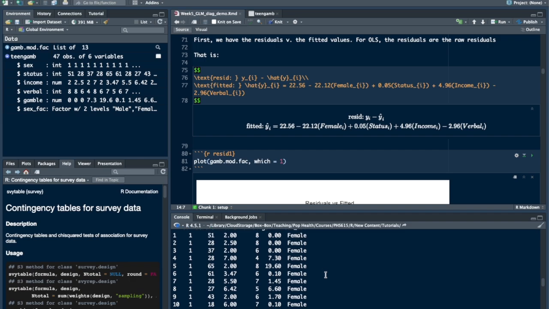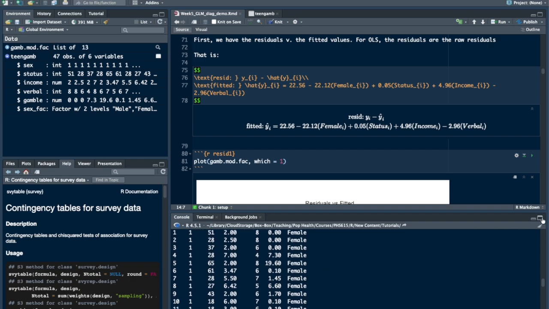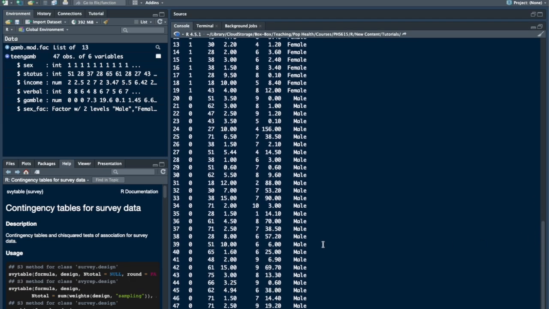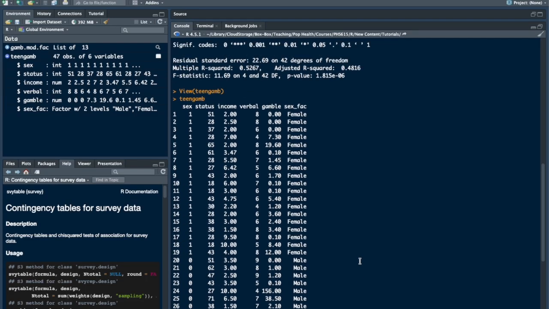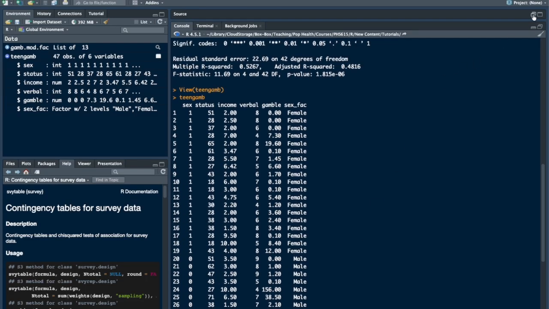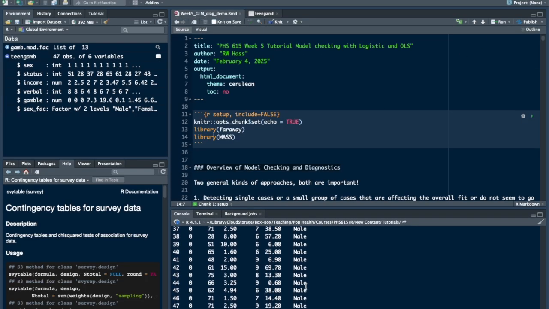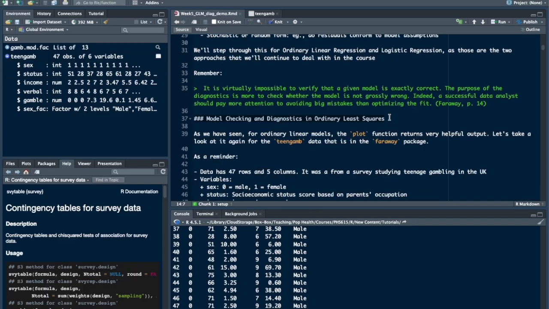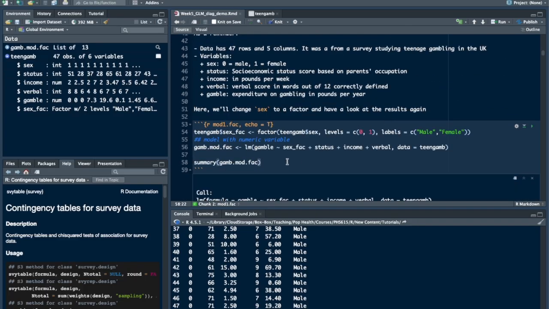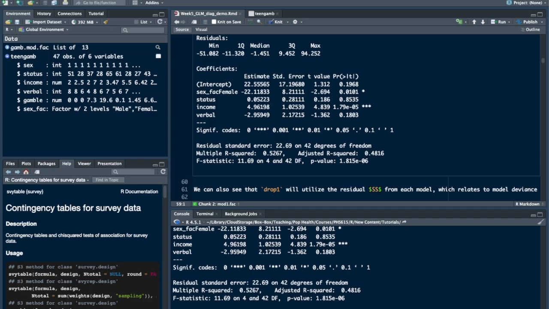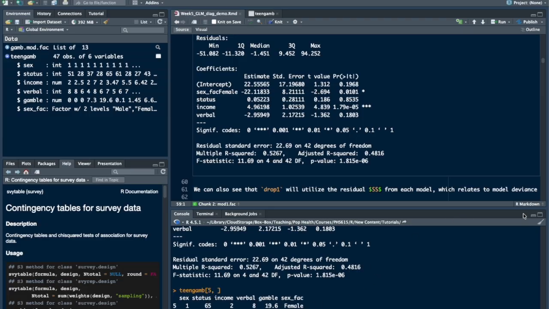So we'll go ahead and do that just to demonstrate. Actually, it's kind of hard to see, so we'll pick out the 5th row. I'll print everything again so we can see it. So we'll do summary, and then teengamb row 5. Right. Okay, perfect.